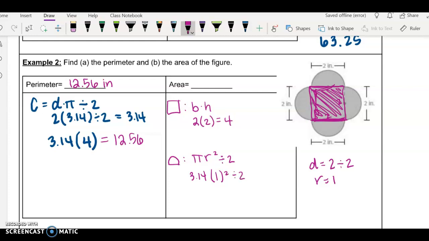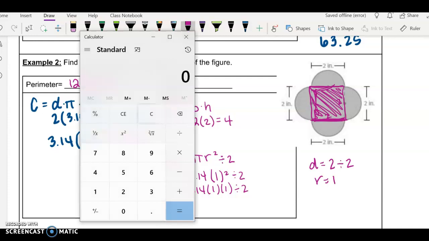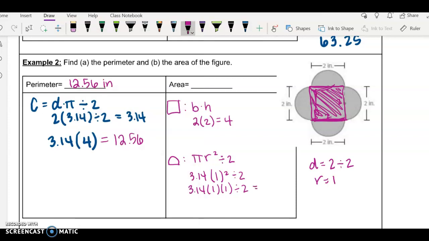In your calculator, the same thing is doing 3.14 times 1 divided by 2. I'm actually going to show you, you can actually square it in your calculator, but you'll get the same thing. So we get 3.14 times 1 divided by 2, which gives me 1.57.